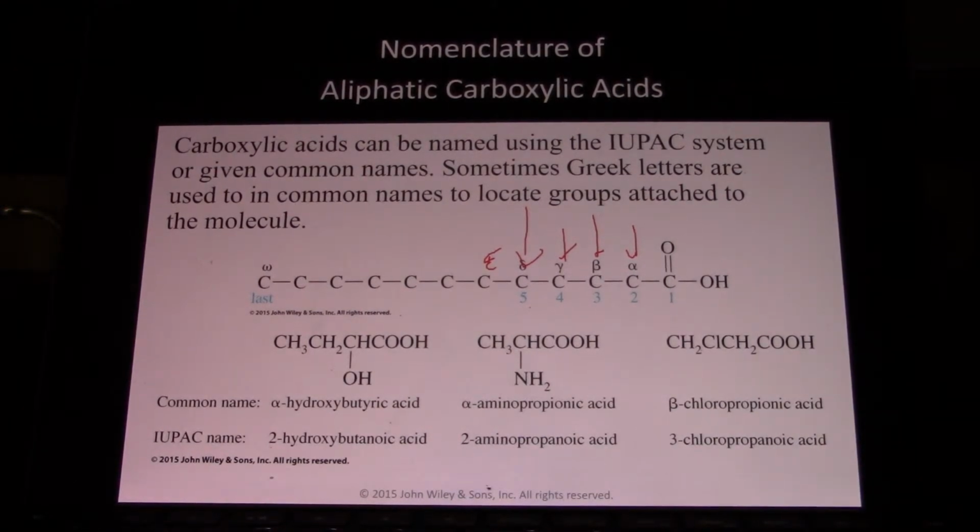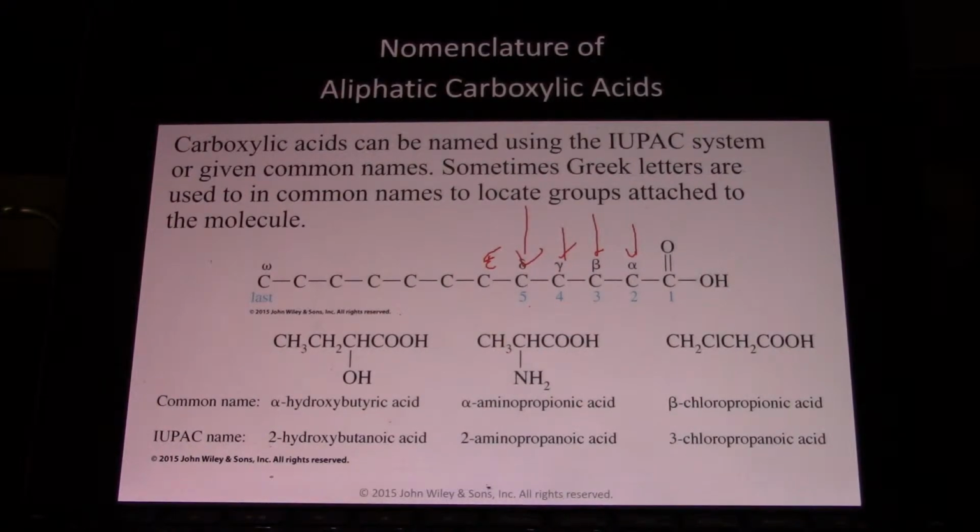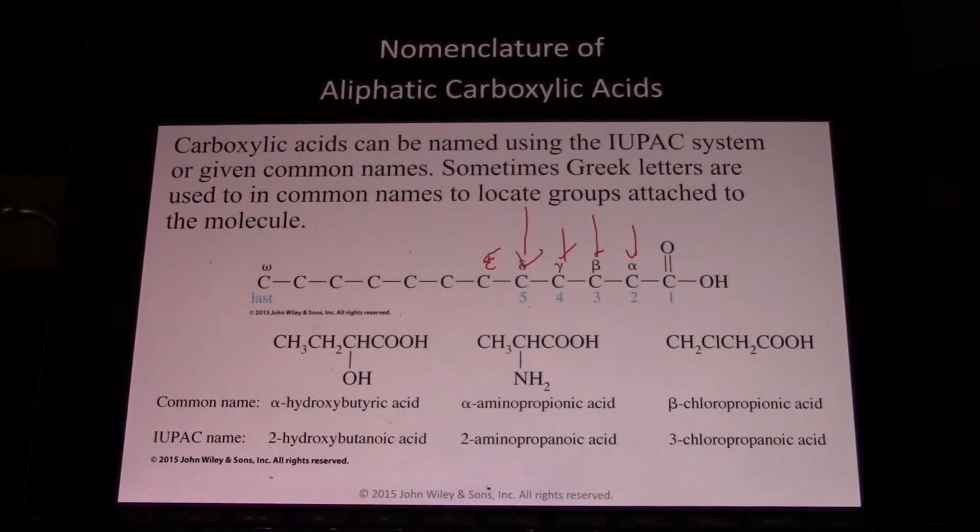So here we have alpha hydroxy butyric acid, because you have butyric acid, 1, 2, 3, 4 carbons. And again, the carboxylic acid is carbon 1, and at the 2 carbon you have the hydroxy group. So this is either 2-hydroxybutanoic acid or alpha hydroxy butyric acid.